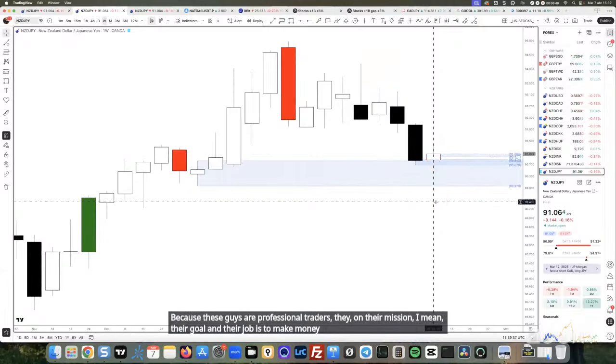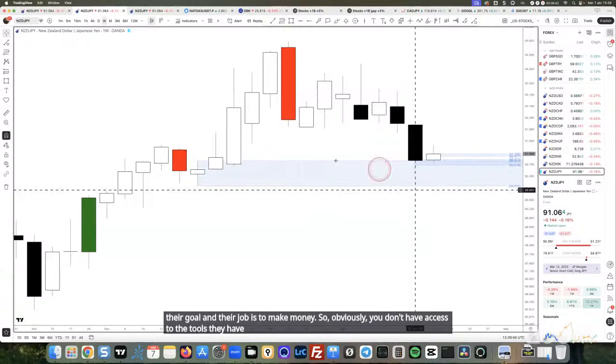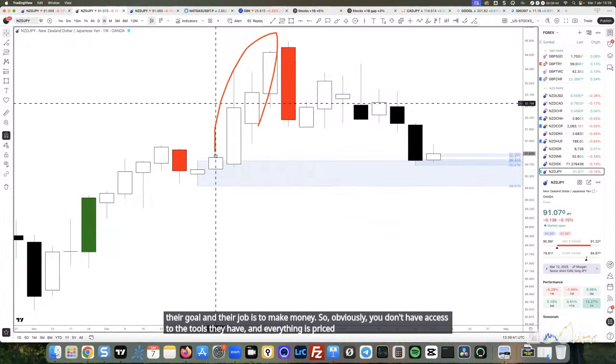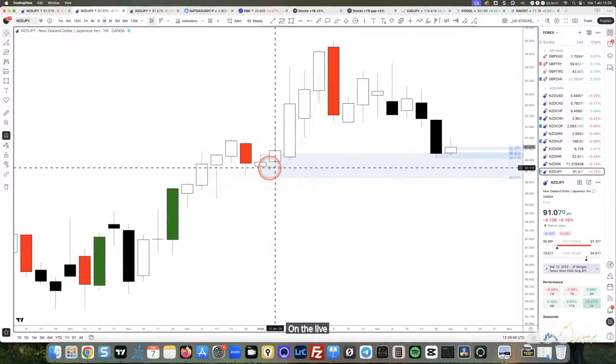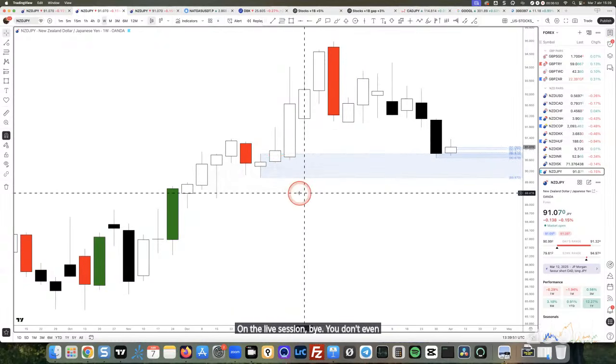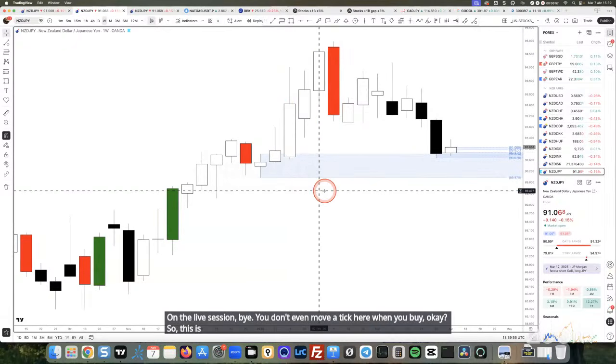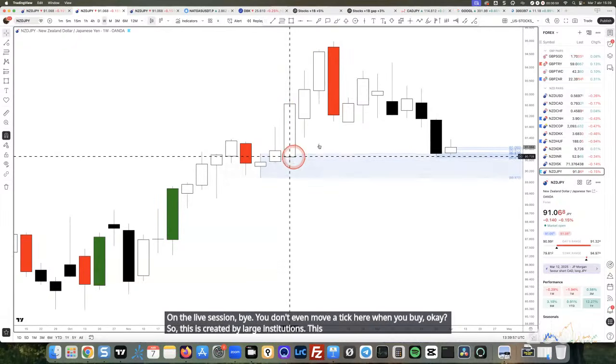So obviously you don't have access to the tools they have, and everything is priced. These movements do not happen because you or everybody here on the chat, on the live session, buy. You don't even move a tick when you buy. So this is created by large institutions. This is not created by retail traders.